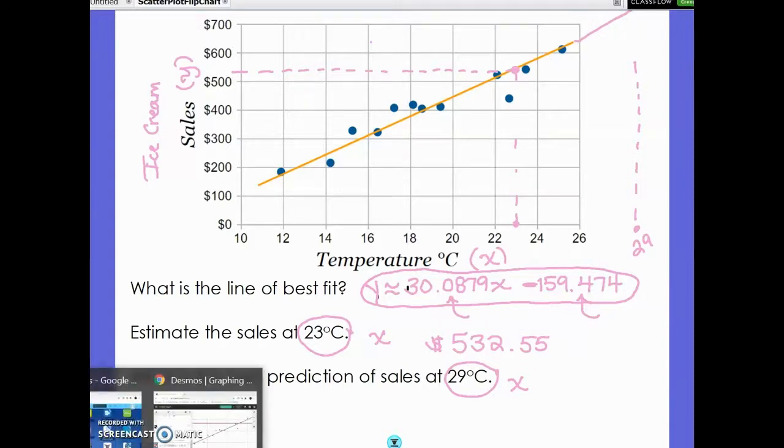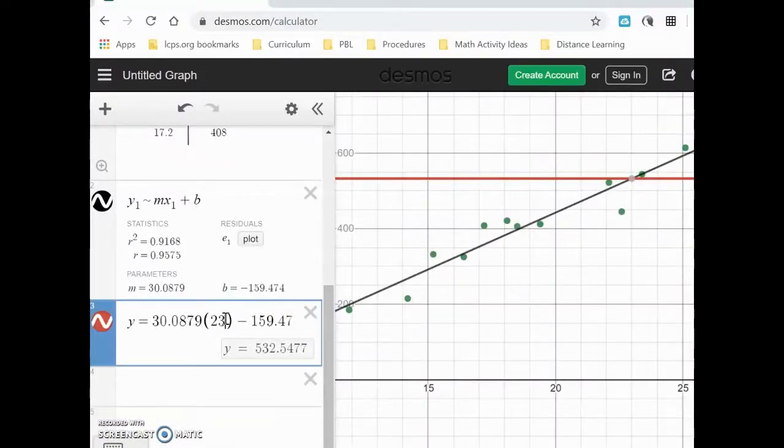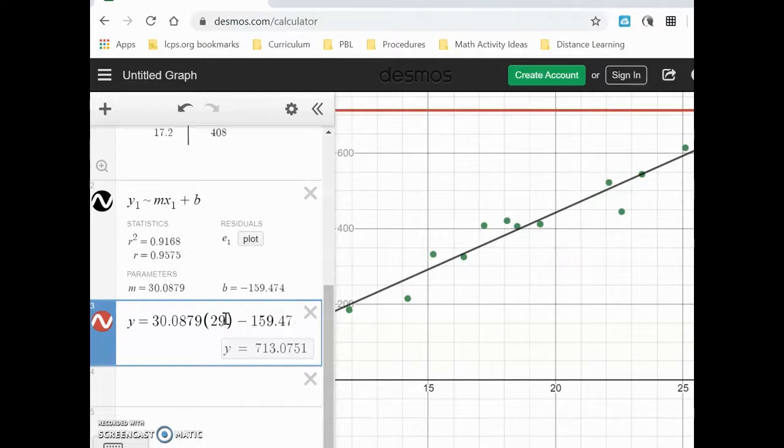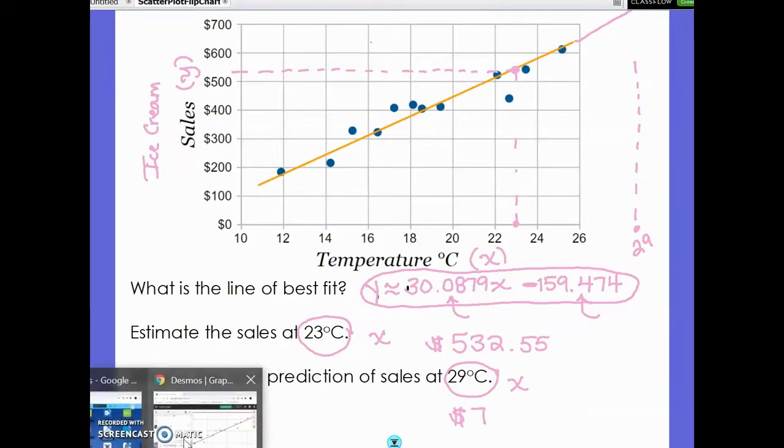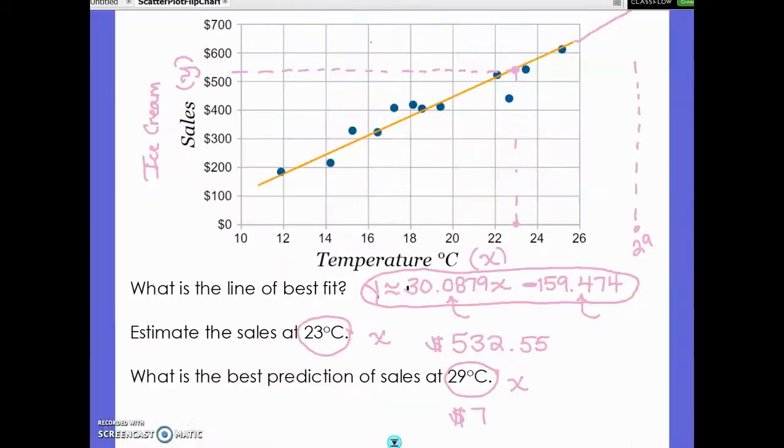So I go to Desmos again, and instead of typing in 23, I type in 29. That's going to give me y equals 713.10 if I round it up. So that's going to be my answer for dollars. Let me just go back to make sure I got the correct answer. Yep.